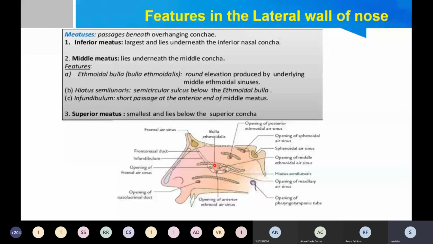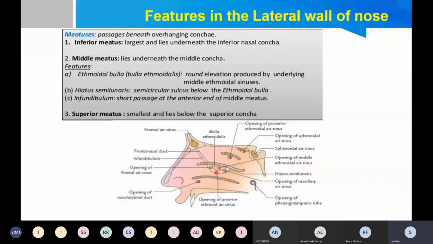Because the middle ethmoidal air sinus is present underneath it, producing an elevation onto the middle meatus. That's called the bulla ethmoidalis. So the bulla ethmoidalis is a rounded elevation just below the middle concha that is produced by the middle ethmoidal air sinus, which is present underneath it.